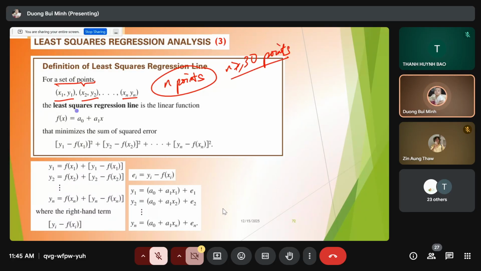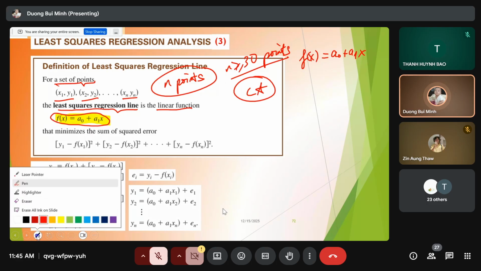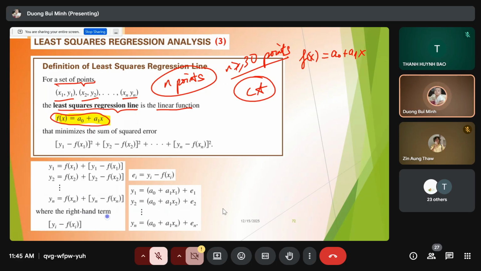The least square regression lies in the linear function because we study linear algebra. So we have the general linear equation like this: f(x) equals a0 plus a1x. We assume we have the regression curve like this.